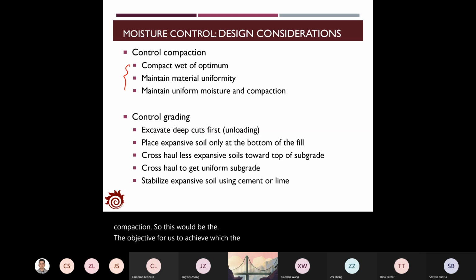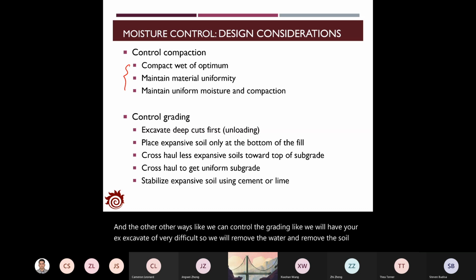And then we will have more introductions about why the compaction can achieve this goal. And the other way, like we can control the grading, like we will excavate a very deep cut. So we will remove the water and remove the soil from the pavement region, and then place some expansive soil only at the bottom of the fill, and then cross-haul less expensive soil on the top of the subgrade, and then do the compaction to get a uniform subgrade.